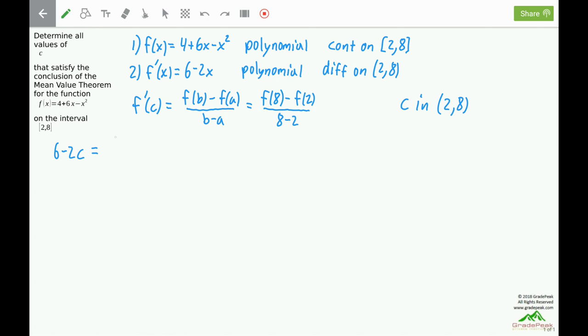F of 8, 4 plus 6 times 8 minus 8 squared, minus f of 2, 4 plus 6 times 2 minus 2 squared, all divided by 8 minus 2.